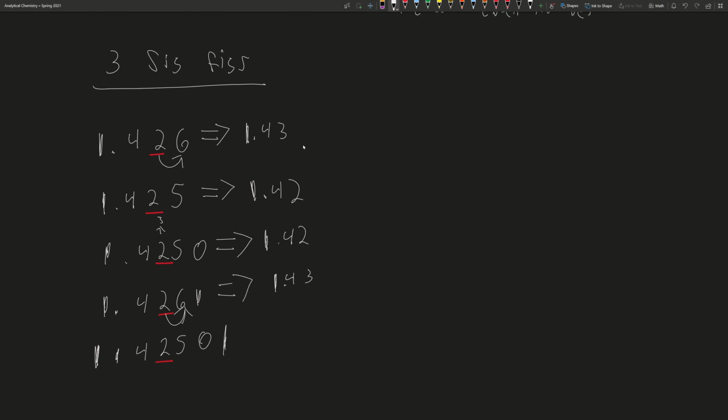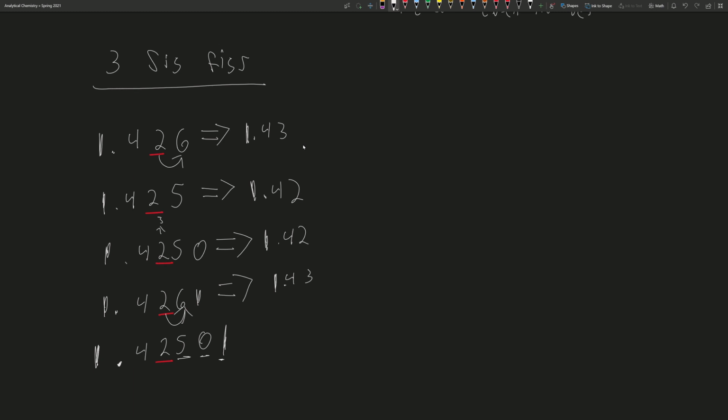In this case right here, we have a very interesting one; let me change this to a decimal place. So we have 1.42501 here. And in this case, we have the 5 and the 0 and the 1.